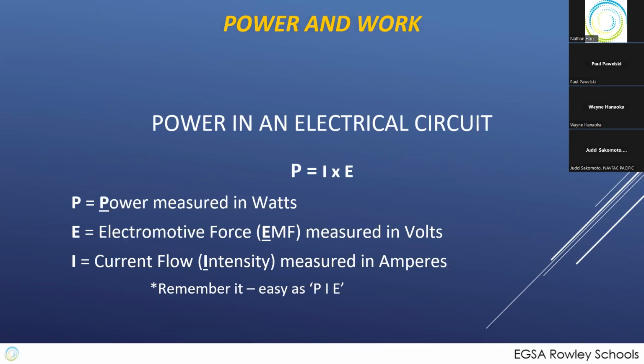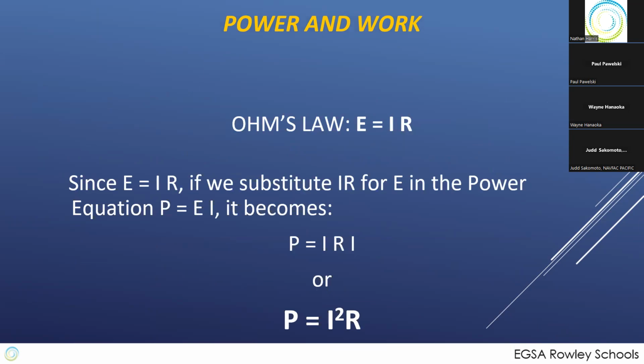So power in an electrical circuit is voltage times current, easy as pie. Except, of course, we're doing AC, so it's times power factor, but "easy as P" didn't really flow off the tongue as well. Ohm's law says that E equals IR, so we could use that to substitute, and we could say that the power is related to the current squared times the resistance.